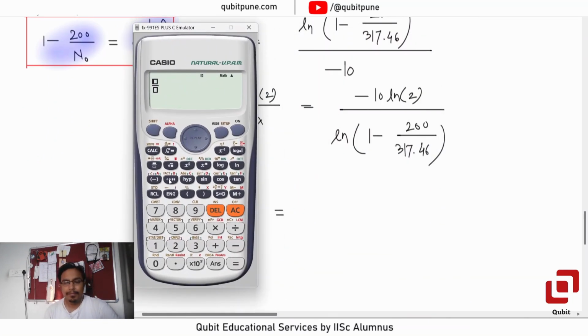In the numerator we have got negative 10 ln 2, and in the denominator we have got ln 1 minus the fraction 200 upon 317.46.